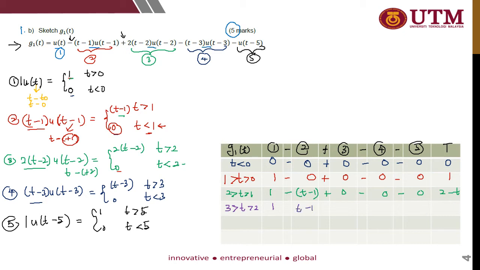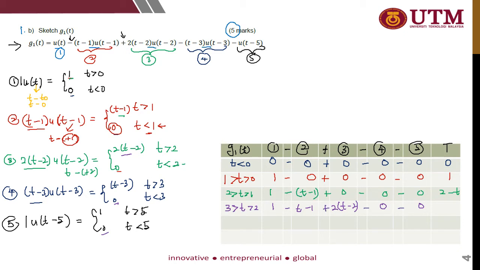The third component, now larger than 2, has the magnitude of 2t minus 2. The fourth component, t less than 3, is always 0, and so is the fifth.